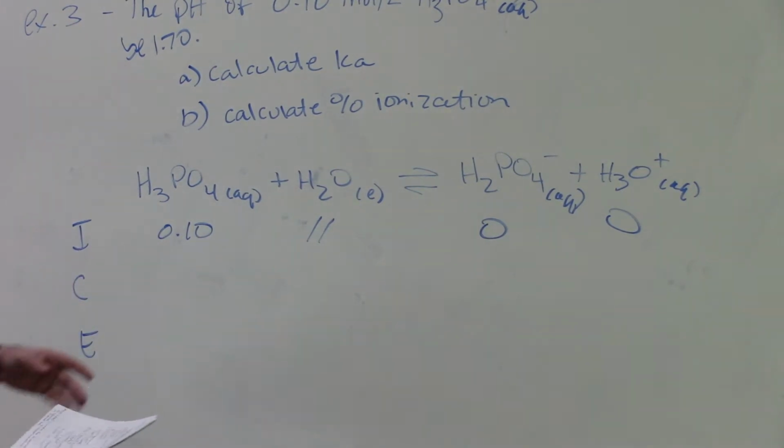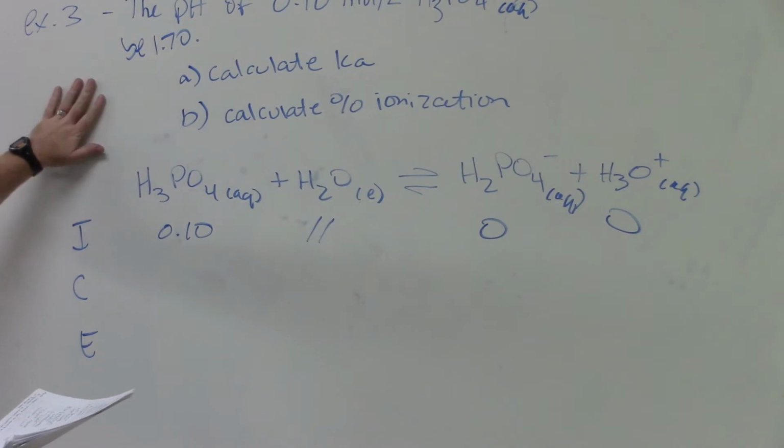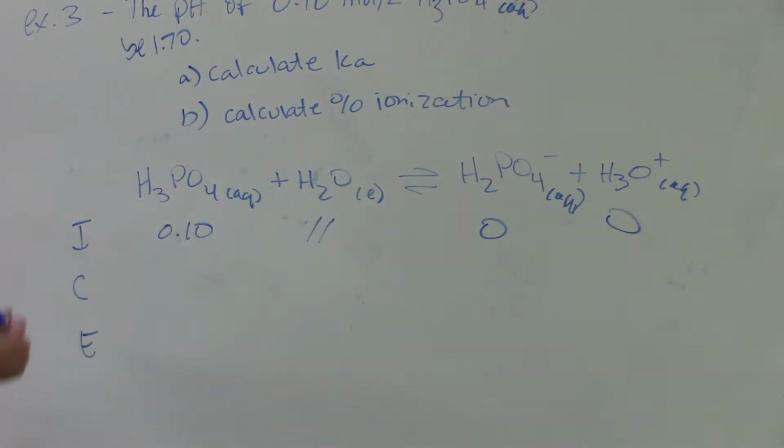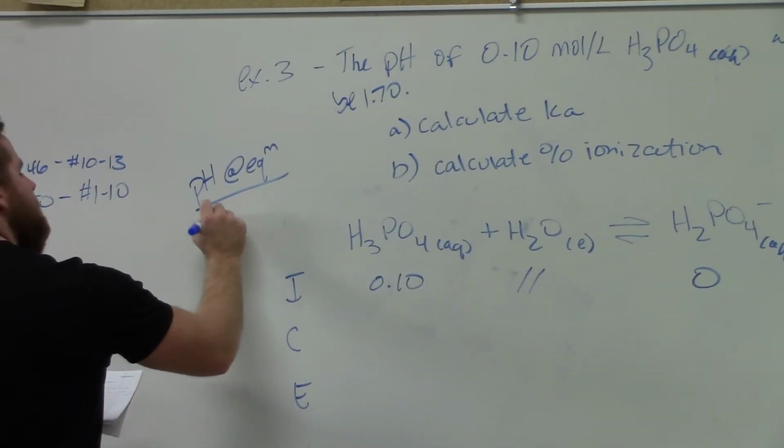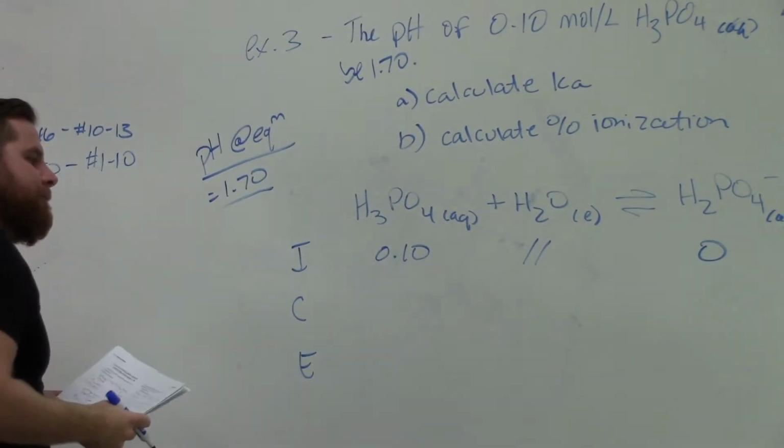Now, here's the deal with if we're actually calculating Ka. So we have a pH. So my pH at equilibrium equals 1.70.